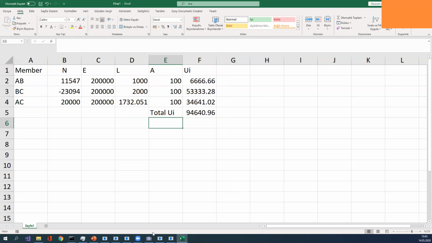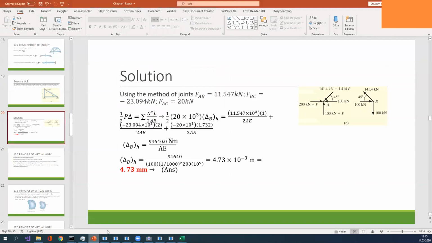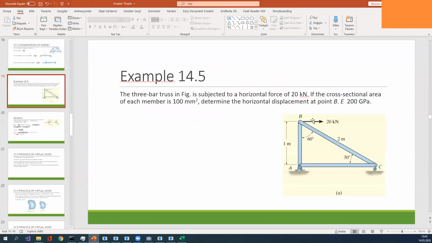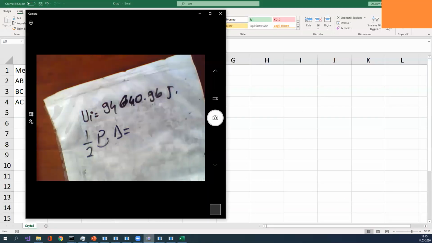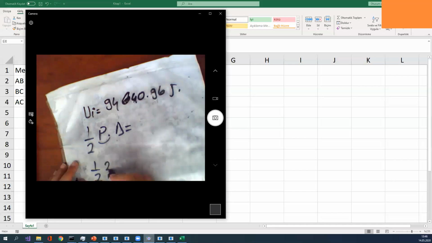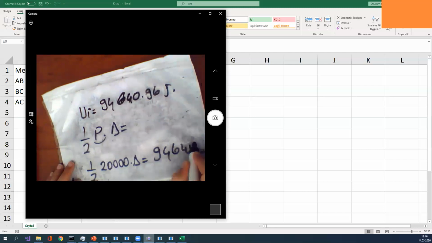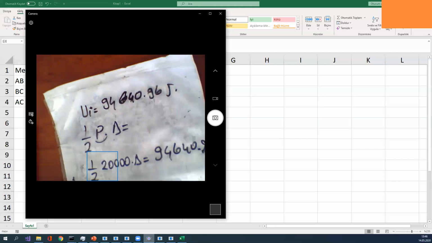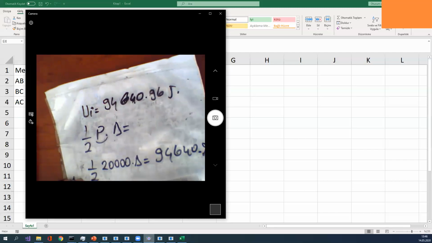So this is equal to 1/2 P times delta. What is P? The question gives P as 20 kilonewton. Therefore, I can write 1/2 times 20,000 times delta is equal to 9464.60. After that, you can see delta is equal to 94.60. We are working in millimeters, therefore the displacement is in millimeters, like this.